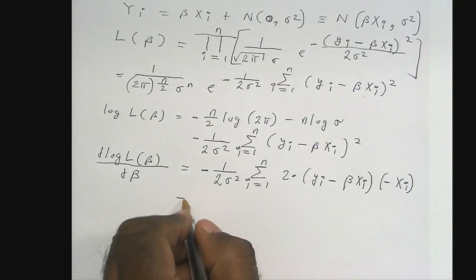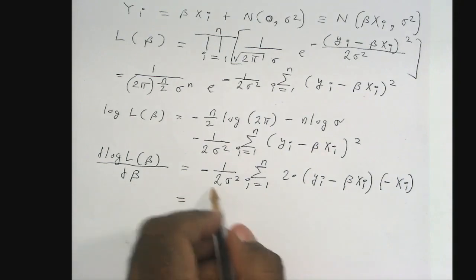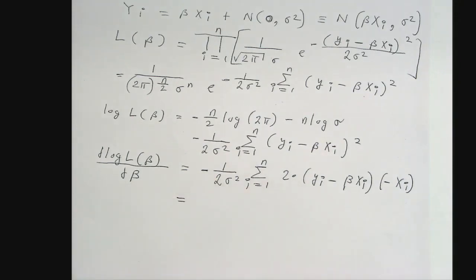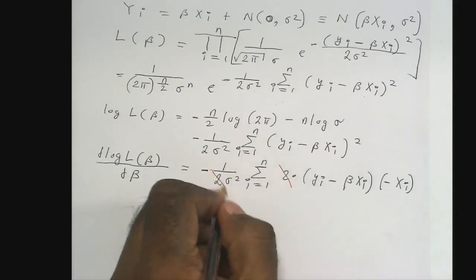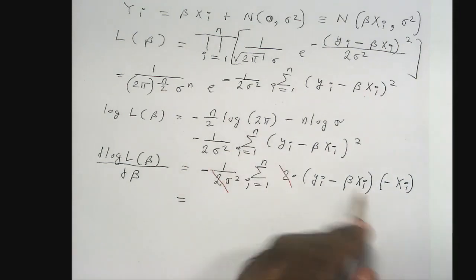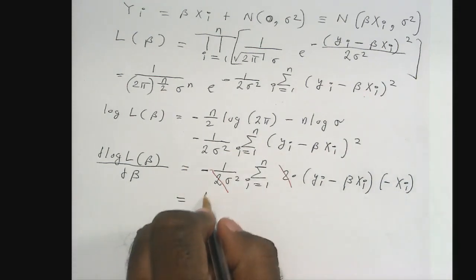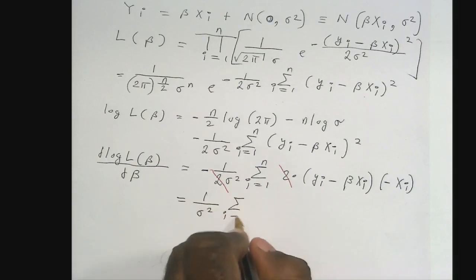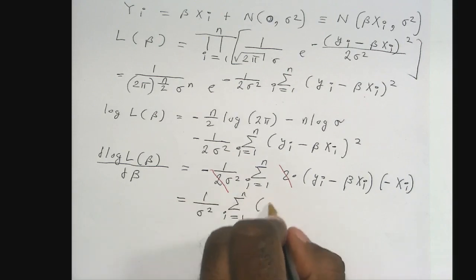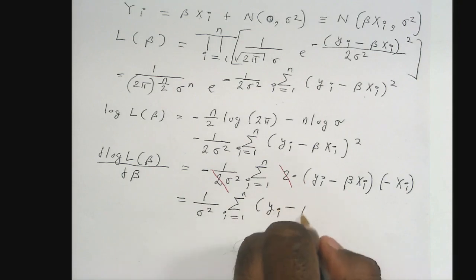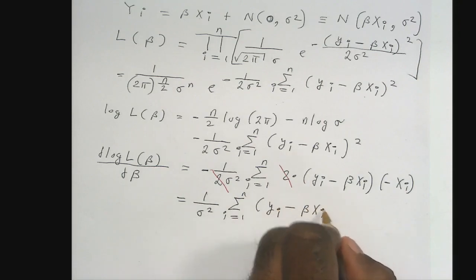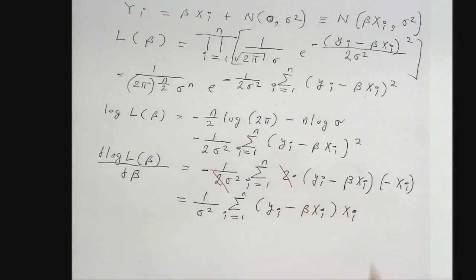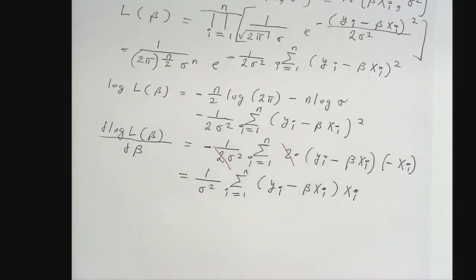And after simplification, the 2 and the 2 cancel out, the minus and the minus cancel out, so you get 1 over sigma squared times the sum. All right, so this is what you get, right?